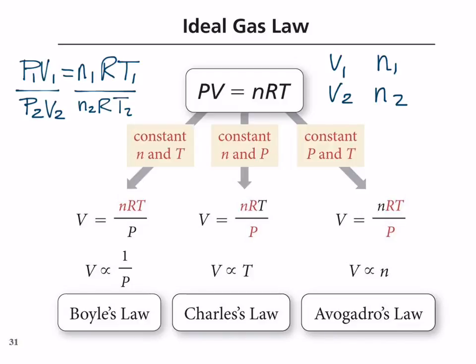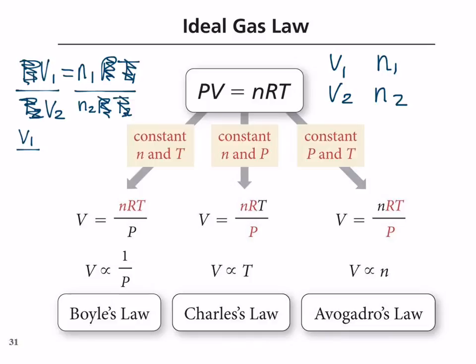Well, if the temperature is constant, that means that T1 is the same as T2. And anything divided by itself is 1, right? So those are going to go away. R is always R. R divided by R is 1. That goes away. And if the pressures are staying the same, then they go away too. So what do I have left?